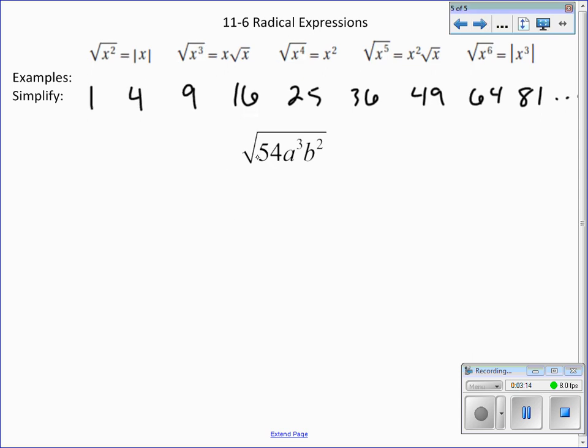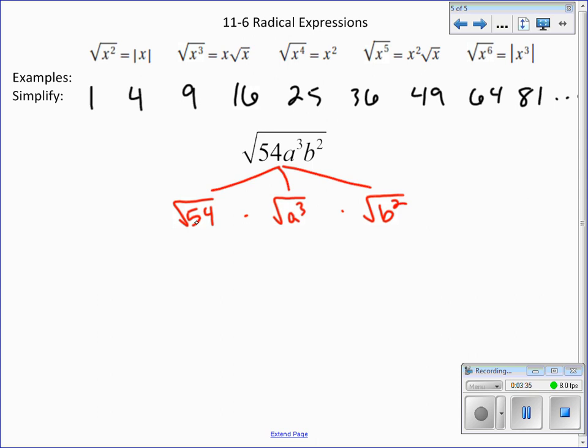Our last example will be the square root of 54 times a to the third times b to the second. We really have three parts here, so we'll split it up into three parts. Square root of 54 times the square root of a to the third times the square root of b to the second.